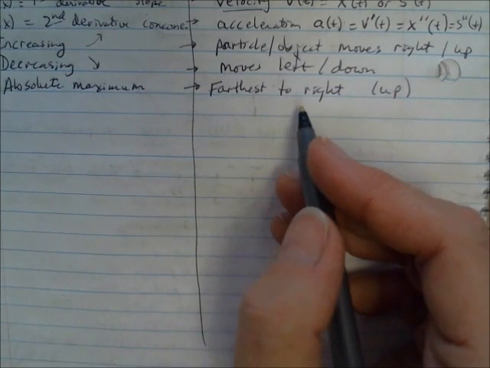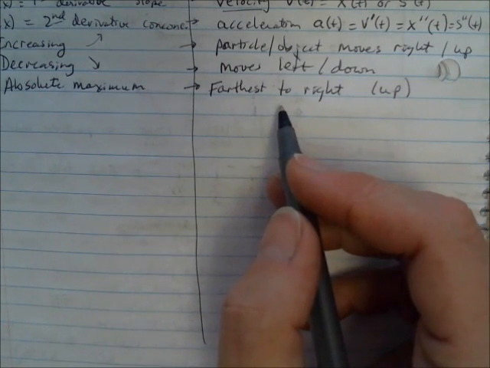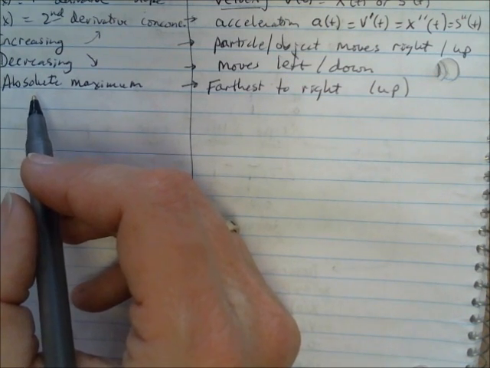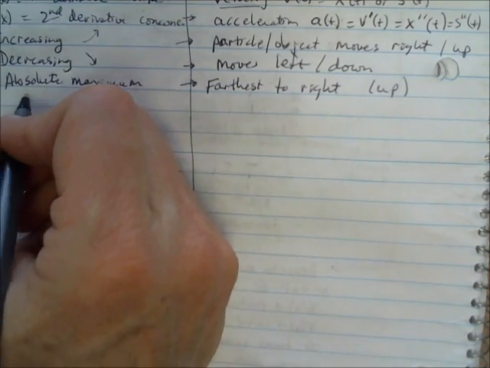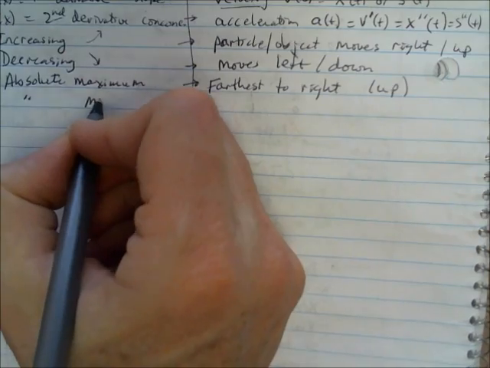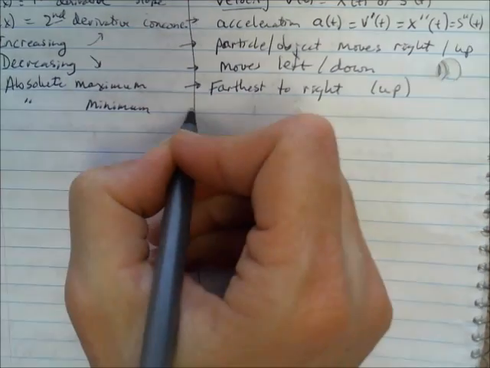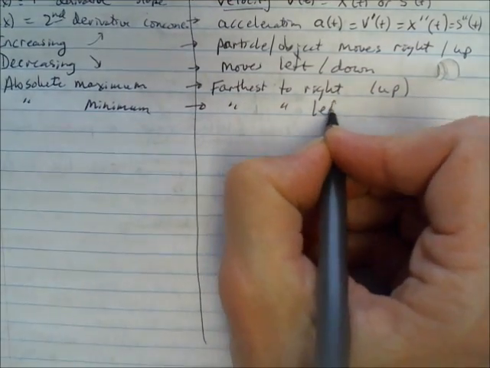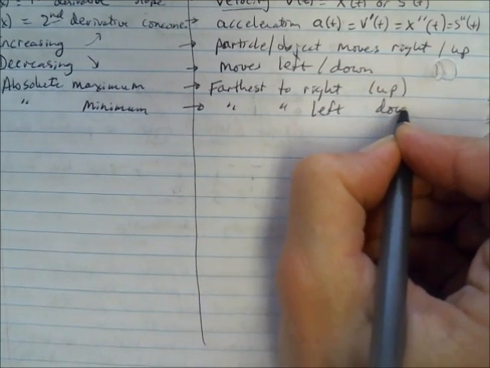So sometimes a question would say, where is the particle the farthest to the right? Well, what you have to think of is that means absolute maximum. And the same thing with the absolute minimum. That means the farthest to the left or down.